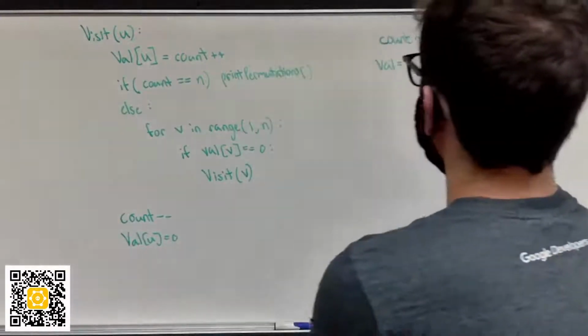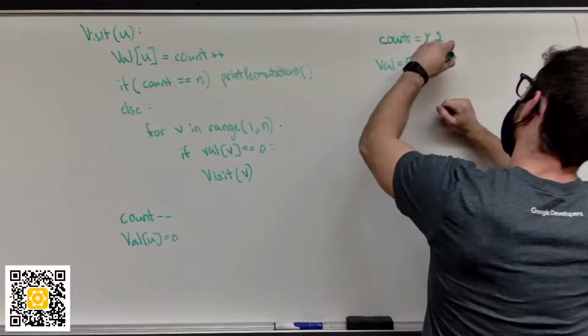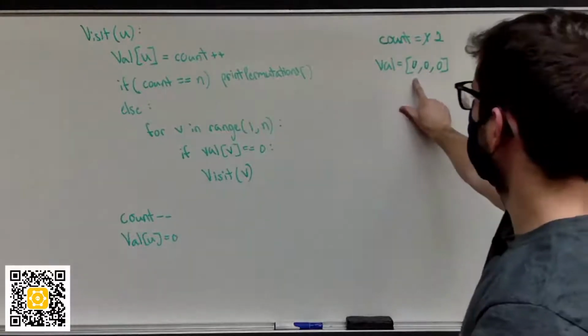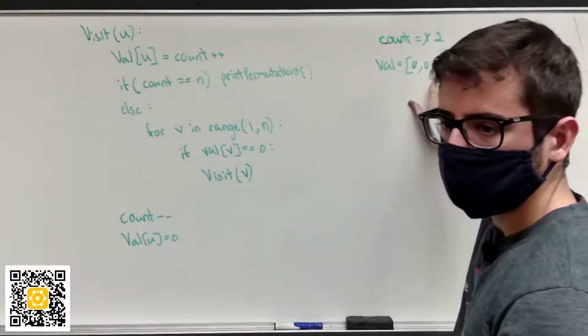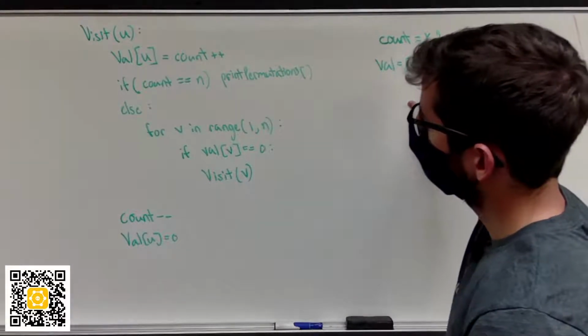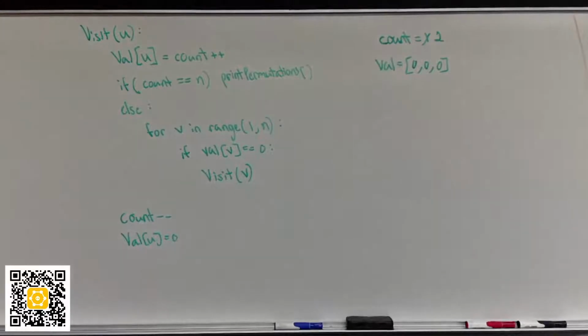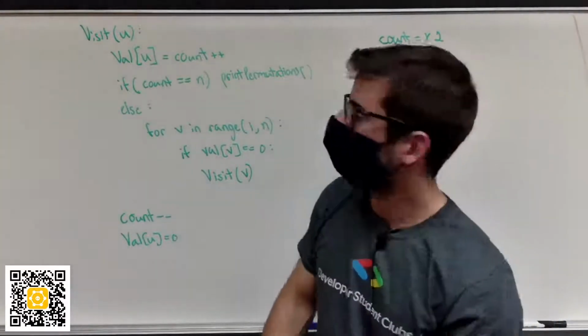I don't know if that makes sense. So if our val array was initialized to 3, 1, 2, 3, if we get to 3, you're saying we're never going to store 3? Yeah, I'm saying at 2, after storing 2, we're going to print it out. Oh, yeah, you're right, because it's incremented. Did I copy this wrong? Oh, I did copy it right.